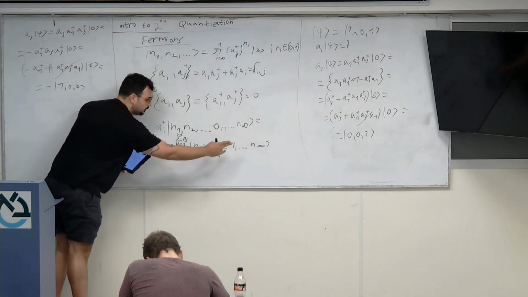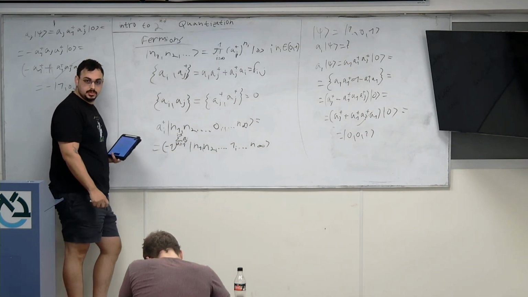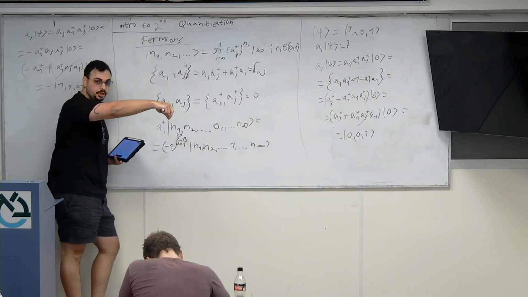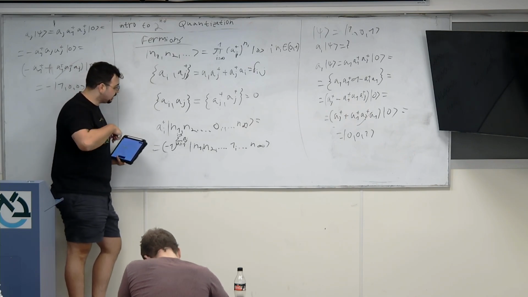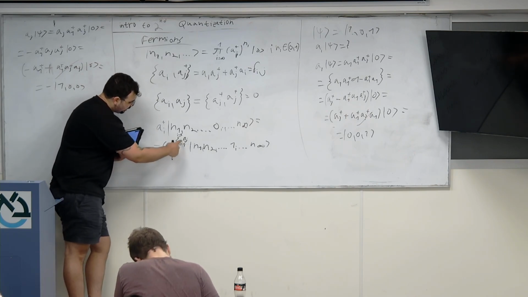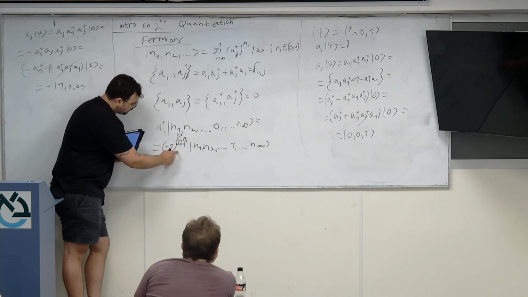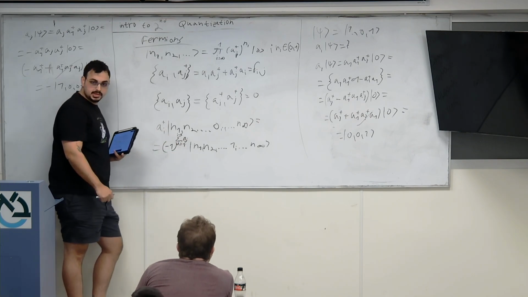Basically, we count all the particles before the location that you want to put something in or take something out, and multiply by minus 1 to the power of this sum.